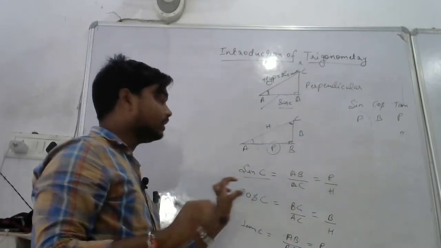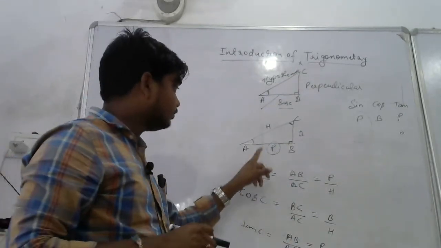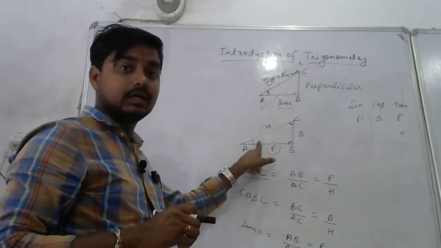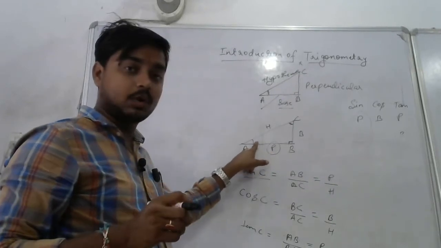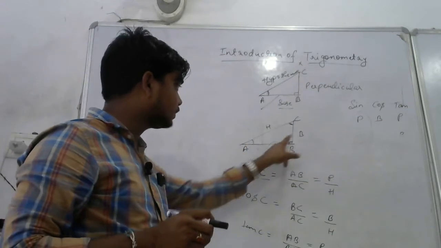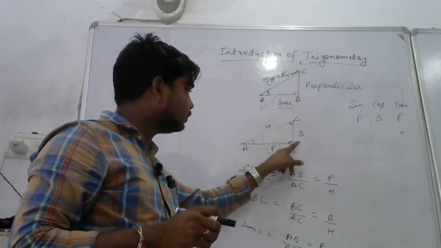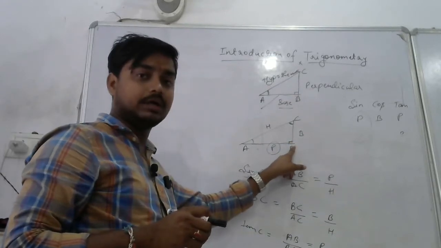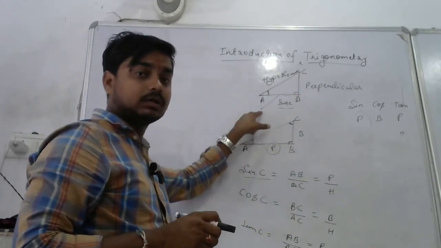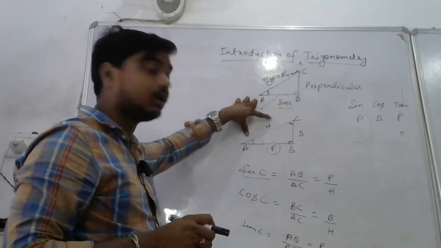We have to understand where we take the angle. If I write from angle A, we take this as the perpendicular and this as the base, and opposite to the perpendicular we have to take the hypotenuse.